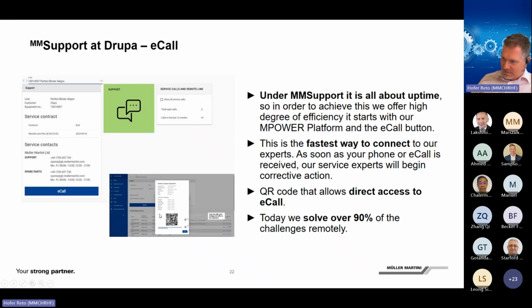So the goal with this QR code is really that when we stick it next to the machine, the customer can just scan it with his camera, press on the eCall button, and in our system, a call for that customer is logged, and we ring him back within half an hour. That's the goal that we have. And if we can achieve that, I think the amount of customers that will use that on a regular basis will increase.